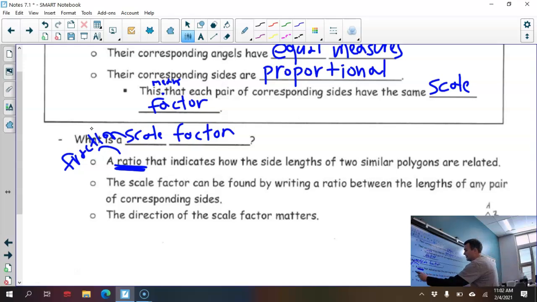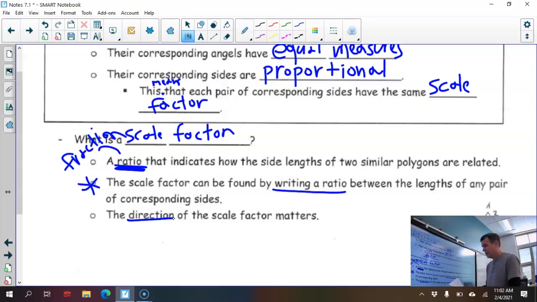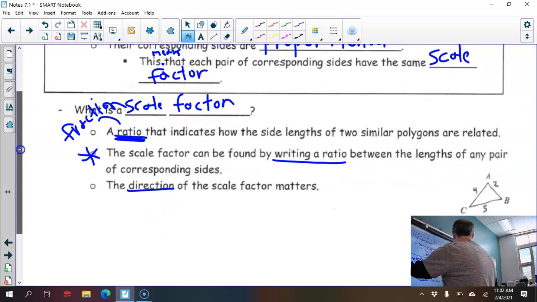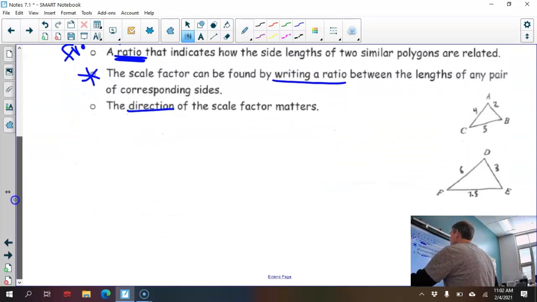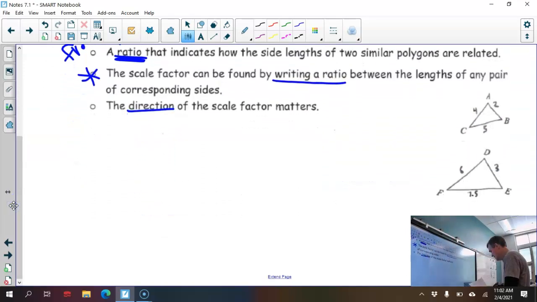The scale factor can be found by writing a ratio between the lengths of any pair of corresponding sides. And the direction matters. So let me show you what I mean by that. I have an example here. Should be an easy example.